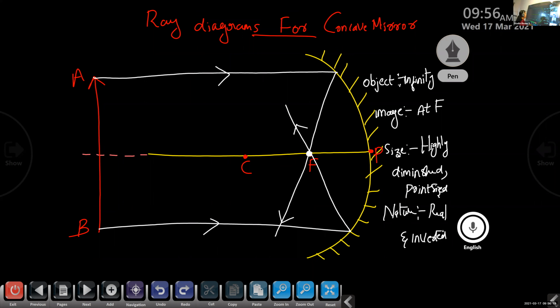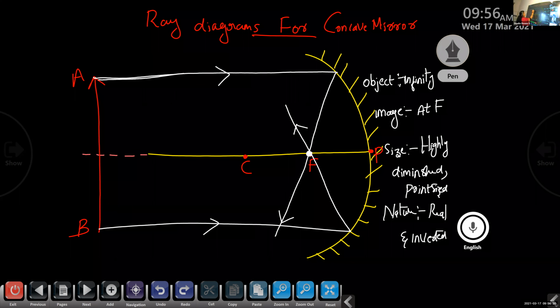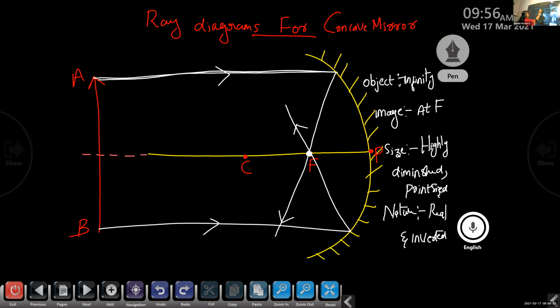If it is clear how to draw the ray diagrams, in the first case we are placing the object at infinity, and 2 rays are needed to complete the ray diagram. The ray is coming parallel to the principal axis. After the reflection, according to our rule, it must pass through the principal focus. The second ray is also coming parallel to the principal axis.